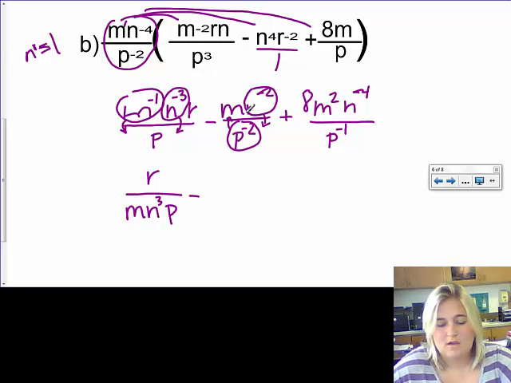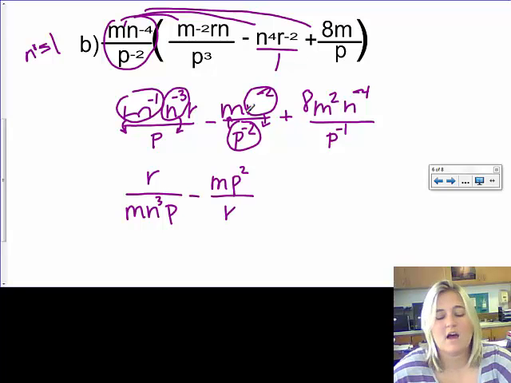So I have m, and then the p to the negative 2 came up, so I have p, which is now to the positive 2, over r, which is now to the positive 2, plus I have 8 staying on top.